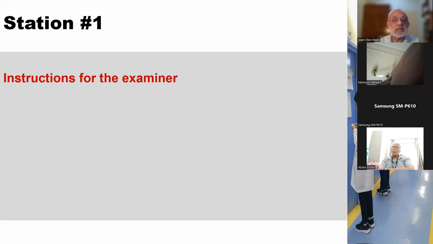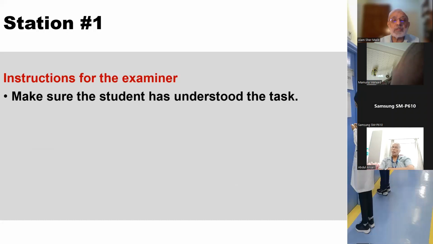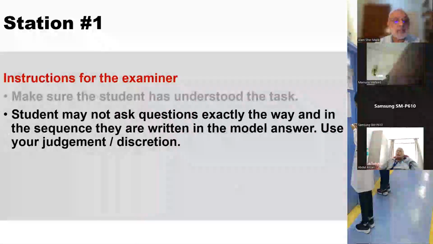The instruction for the examiner: make sure that the student has understood the task. This is very important because in OSCE, students know they have a very short time, so they are rushing from one point to another, and in that they may not read their task carefully. So the examiner should make sure that the student has understood the task.